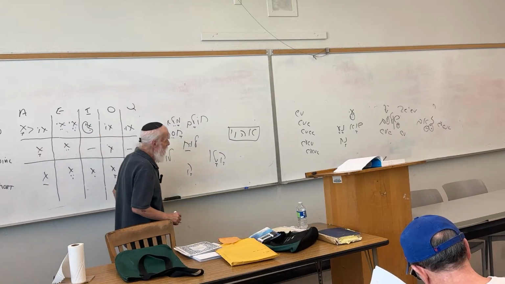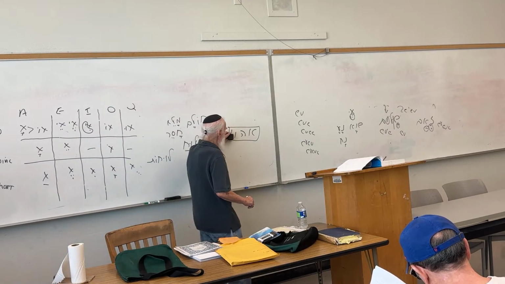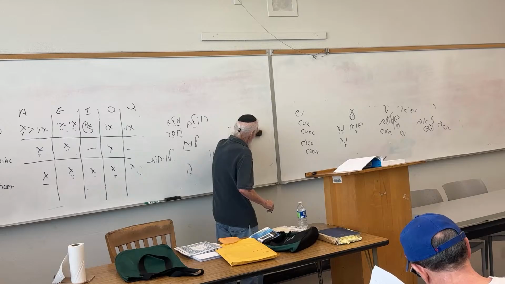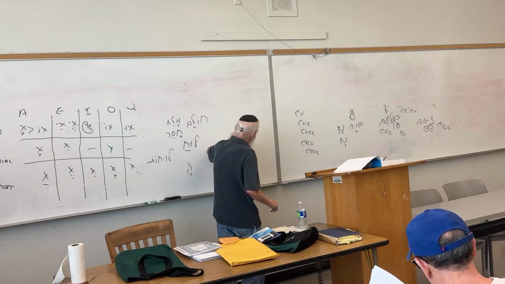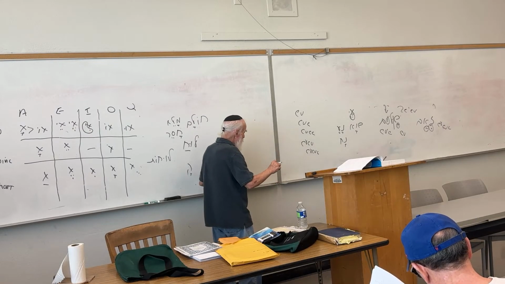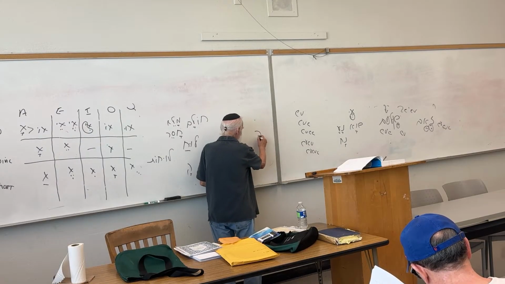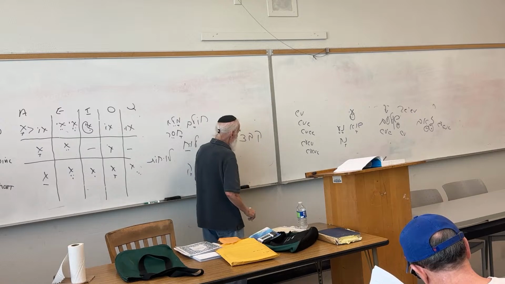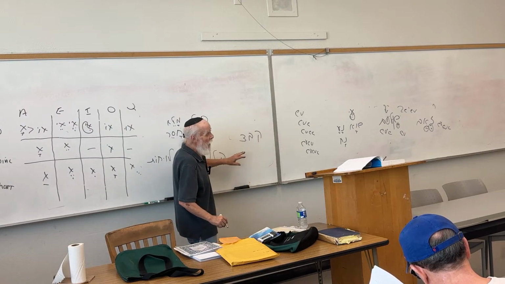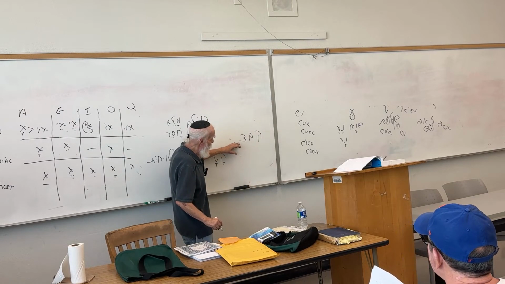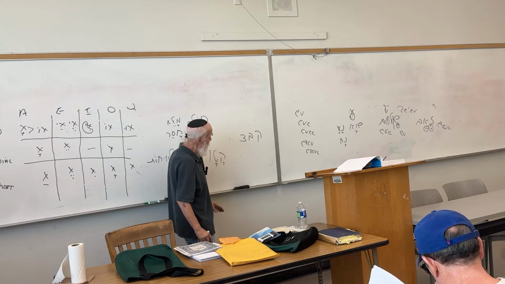And where does kubutz get its name? The kubutz gets its name because the three letters that make up the word kubutz mean a get-together. It's a kuf letter, a bet letter, and a tzadi letter. I write the tzadi as a regular letter if I'm not writing a word, I'm just giving you the root.